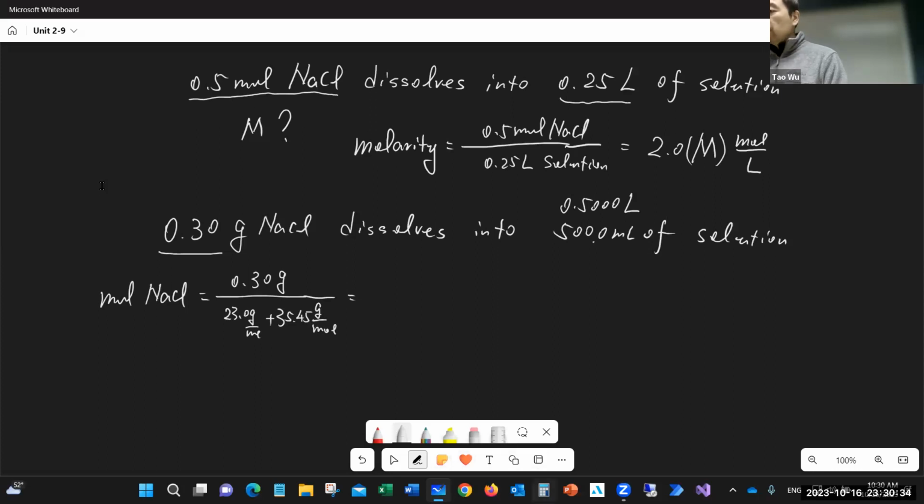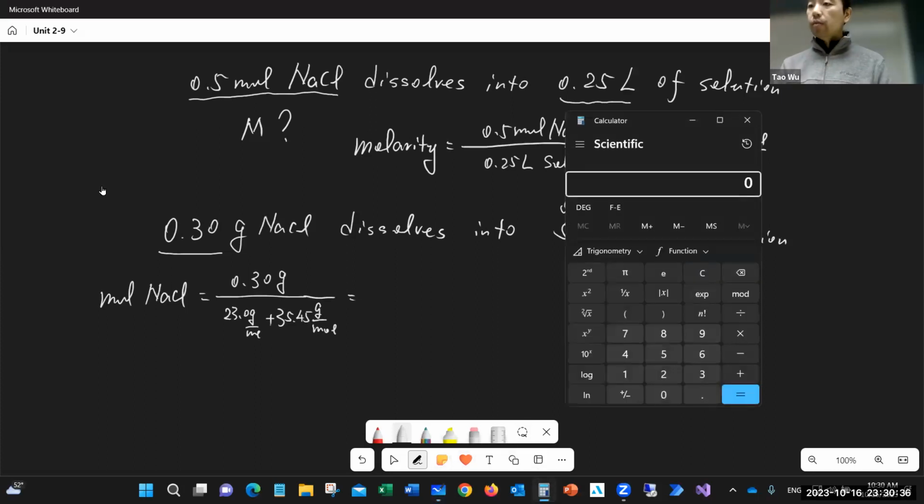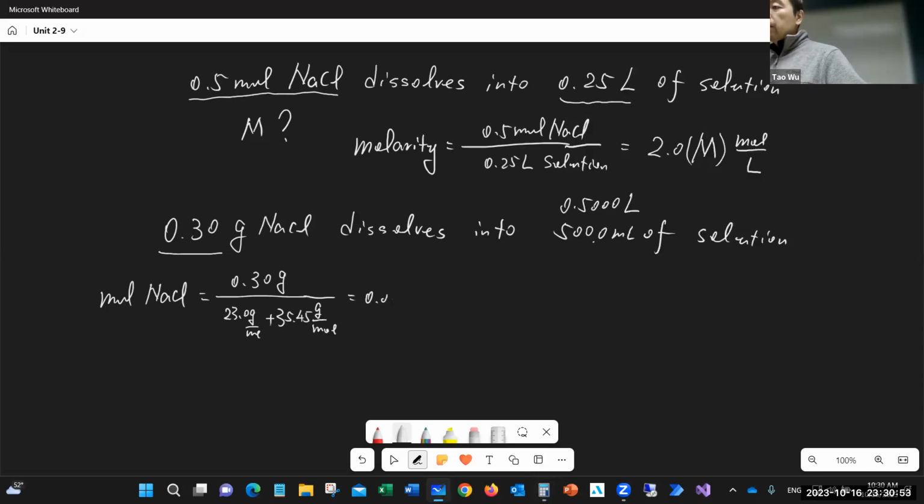Then you will find the mole of sodium chloride: 0.005133.